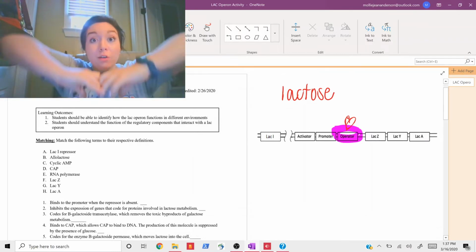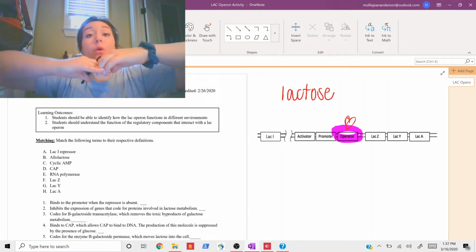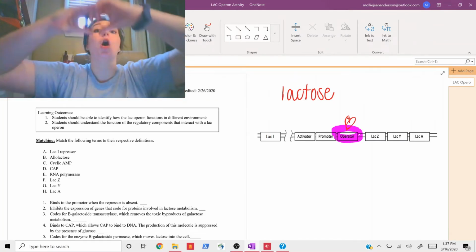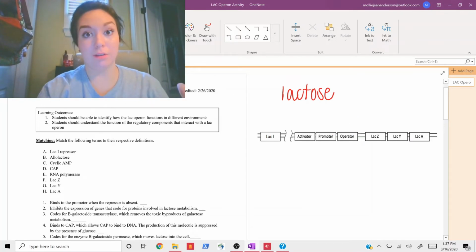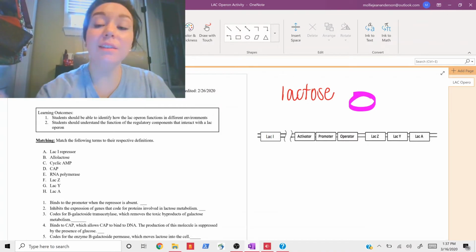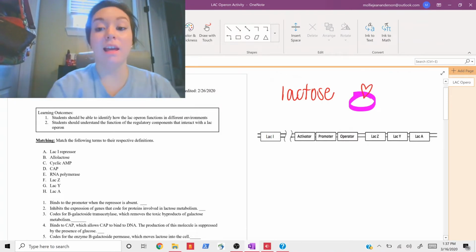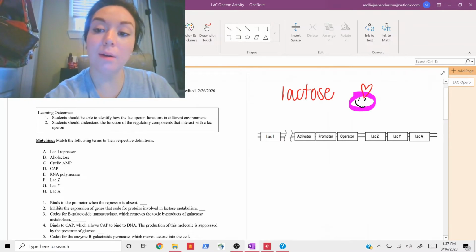and that angry barrier, that angry man, that train track barrier, whatever you want to think of him as, is going to change its shape and lift up off of the operator. So when lactose is present, allolactose is present, and allolactose binds to the repressor and lifts him up off of the operon, and he's a happy little dude because he got what he wanted.